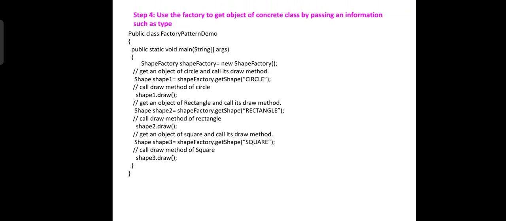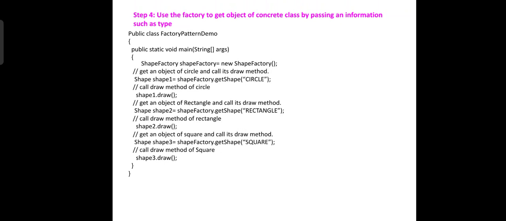In step 4 we use the factory to get an object of a concrete class by passing information such as type. For that the FactoryPatternDemo class is used, in which we declare the main function with String args as argument. For ShapeFactory, we will create a new object. After that we will get an object of Circle and call its draw method.